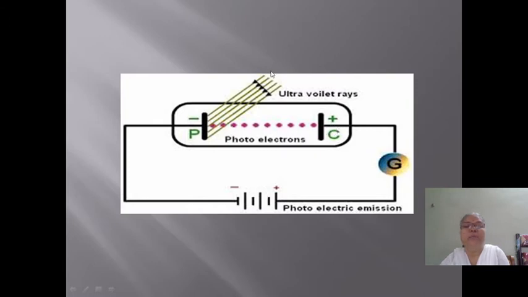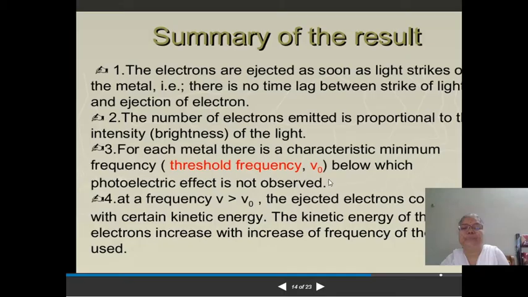Then as soon as the ultraviolet or visible rays are incident on the metal plate, ejection of electrons takes place, and they migrate towards the positive electrode, and thus we can measure the photoelectric current in the galvanometer.